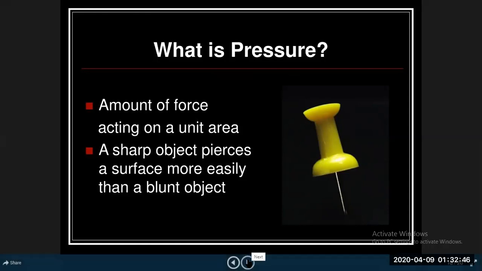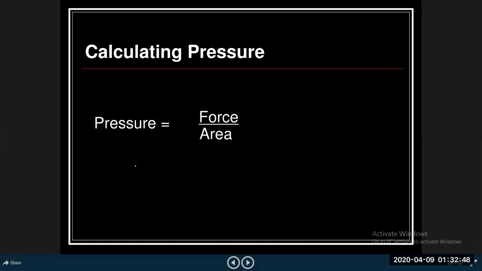So the physical formula used to calculate pressure is: pressure is equal to force upon area. It is the ratio of the force applied to the area of the object on which the force is applied.